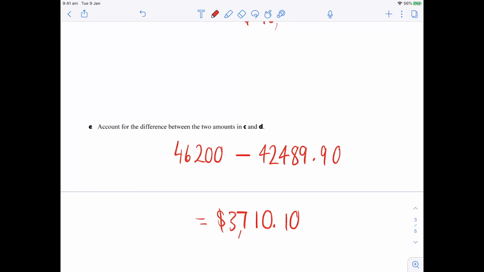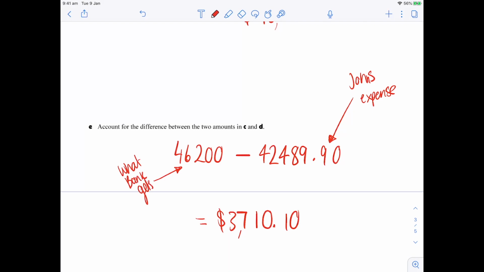So the bank got given this much money, but John only had to save this much money. So this is John's expense, and this is what the bank gets.